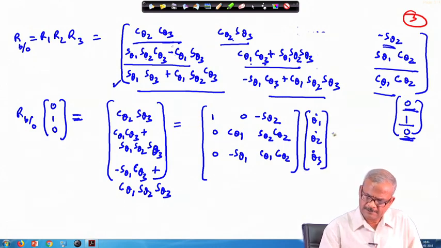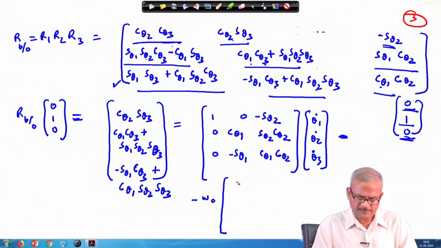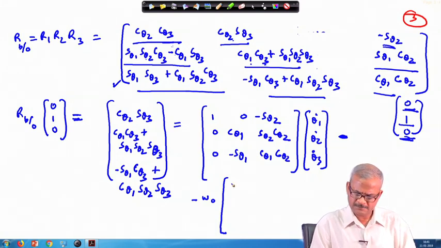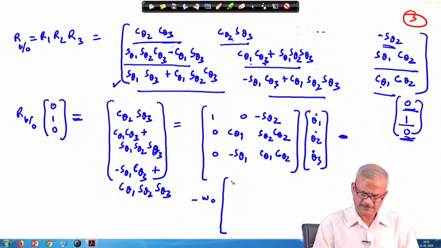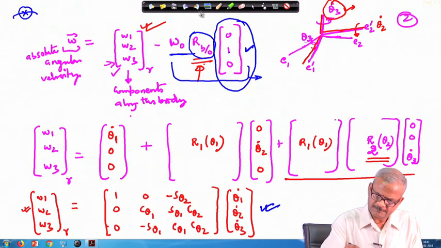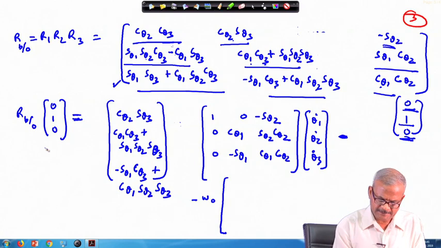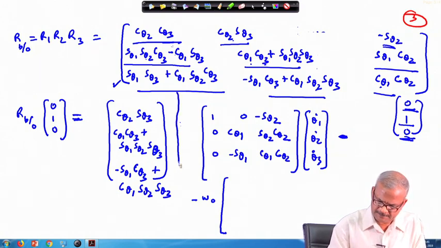And then the other term, I will write here: minus omega 0 times, pick up these terms. Here we have to write it separately; this we have already converted here in this place. So, this line is separate here.